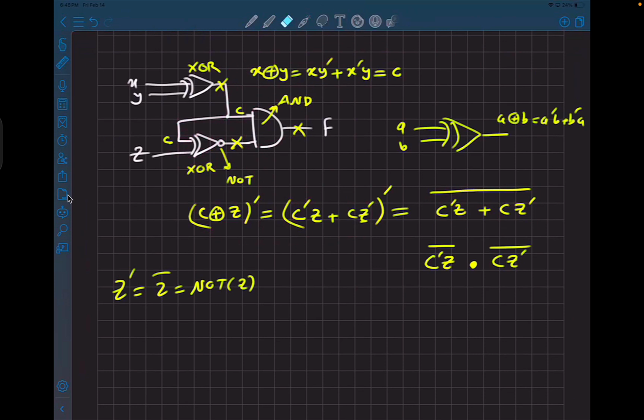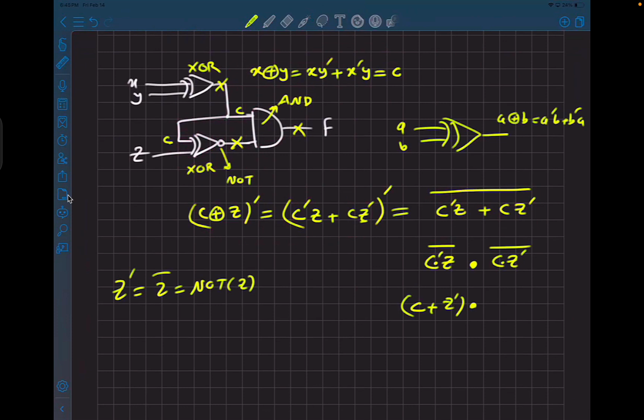Now to simplify, I need to apply De Morgan's rule more. Remember, there is an AND between each of these two elements. So what is AND of these two elements? Again, I need to use De Morgan's rule. It will be applied to each of them one by one. So C bar bar, C prime bar equals to C. And AND becomes OR, and Z becomes Z bar.